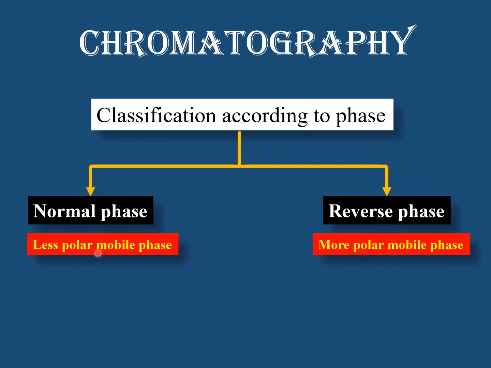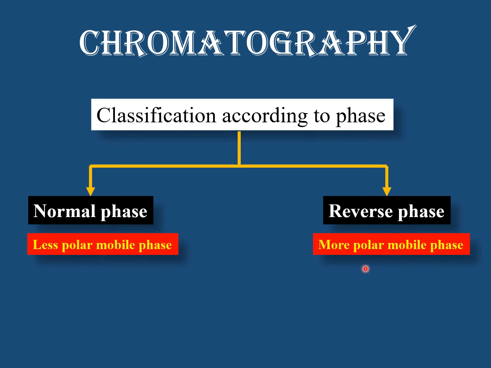So in a normal phase chromatography, the mobile phase that is used is usually a pair or a mixture of two or three different types of organic solvents, for example, n-hexane, which is a non-polar solvent, or a slightly more polar solvent like chloroform, trichloromethane, or ethyl acetate, or acetone can be used as a mobile phase in normal phase chromatography. But in reverse phase chromatography, the mobile phase is slightly more polar.